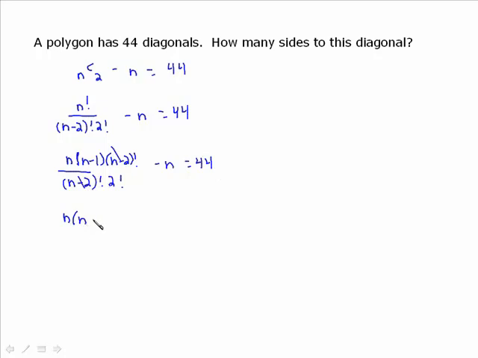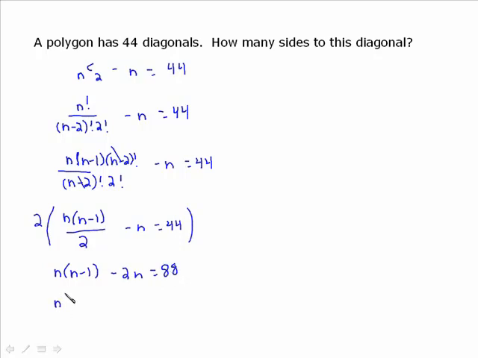We get n times n minus 1 over 2, minus n, is equal to 44. And the only thing that's different about this question compared to earlier ones is the fact that we have that n term around. Now we multiply everything by 2, so we get n times n minus 1 minus 2n is equal to 88. And then we're in business.